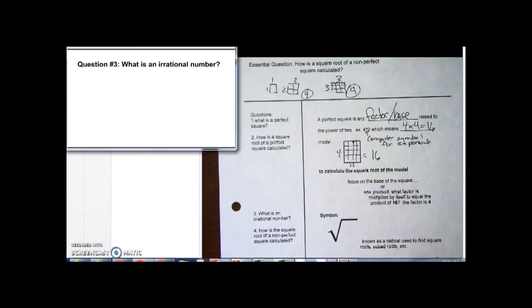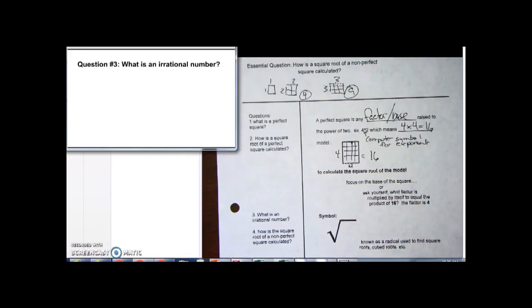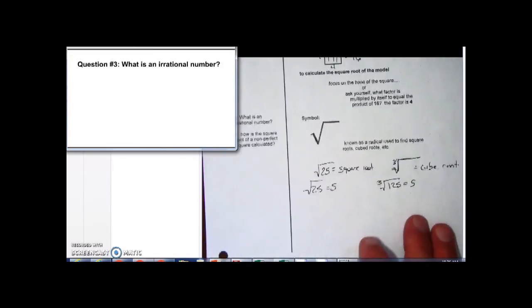The cube root of 125 is equal to what? 5 times 5 is 25. 25 times 5 is 125. So 5 is the cube root. I'm sorry, you can't see that. Okay, add this to your notes.